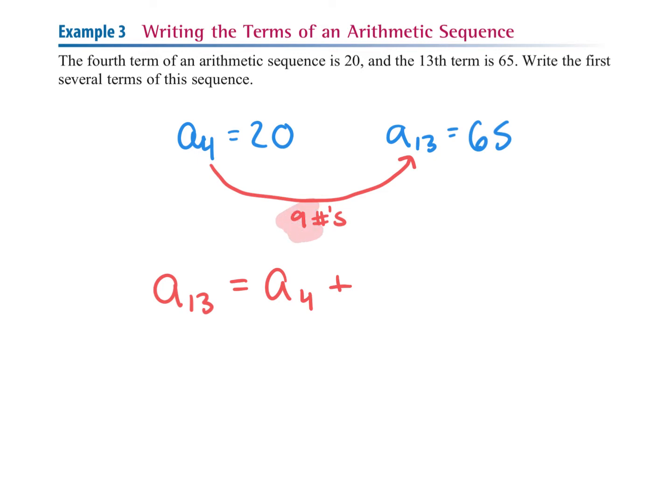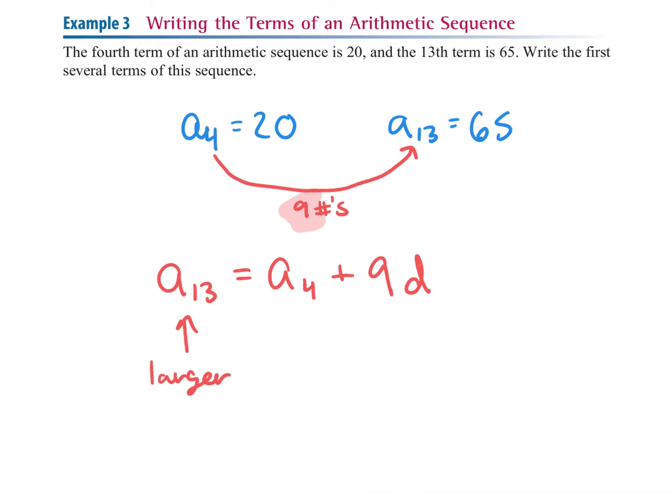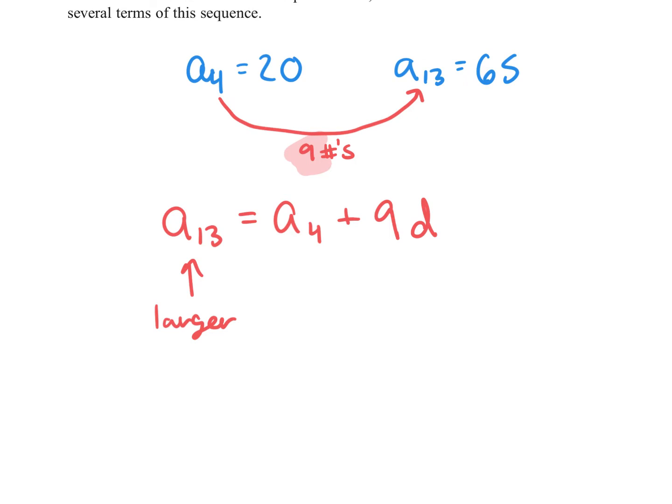That's where that 9 comes in handy, times d, because we're trying to find our common difference. Always start with the larger one, the one that's farther away from 1. We know what a sub 13 is and we know what a sub 4 is, so we plug those in. I have 65 is equal to 20 plus 9d.